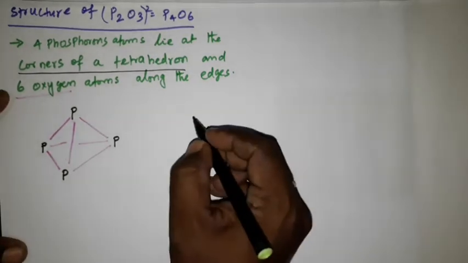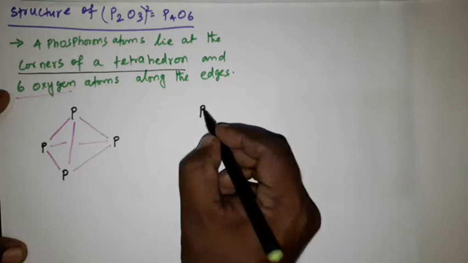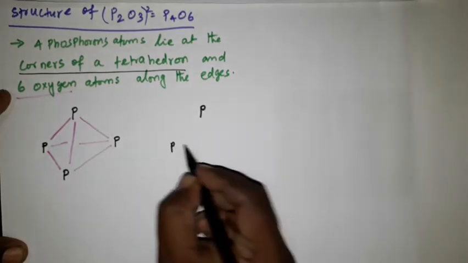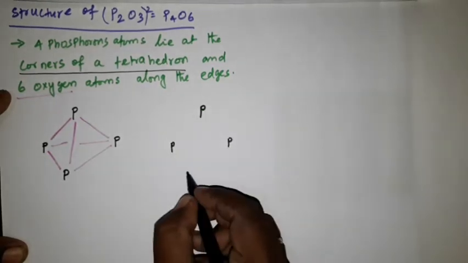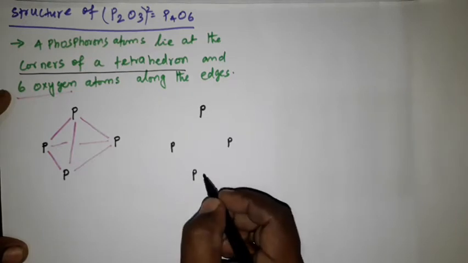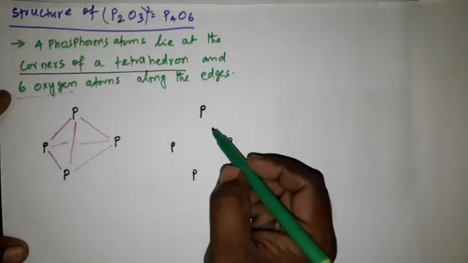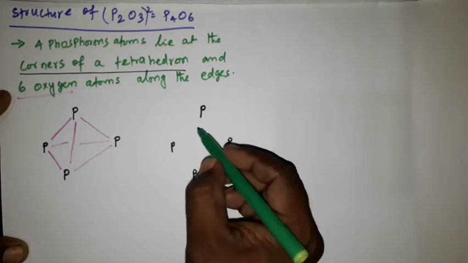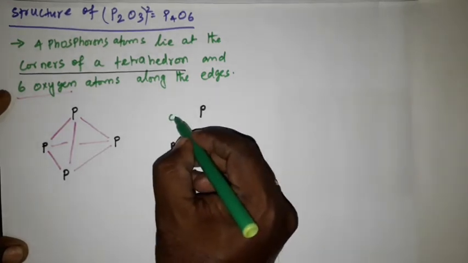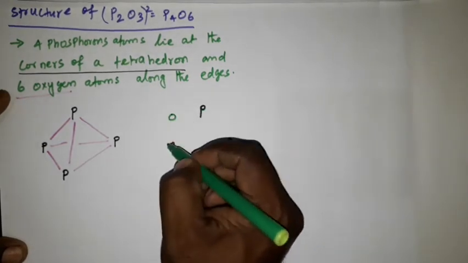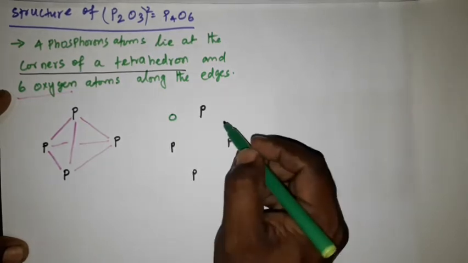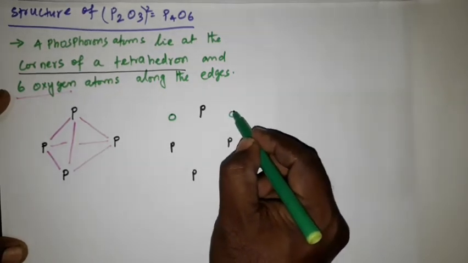Here one phosphorus, here one phosphorus, then here one phosphorus. Now the oxygen atoms I am going to draw on the edges. So put one oxygen atom here, between these 2 phosphorus, and here also put one oxygen atom.